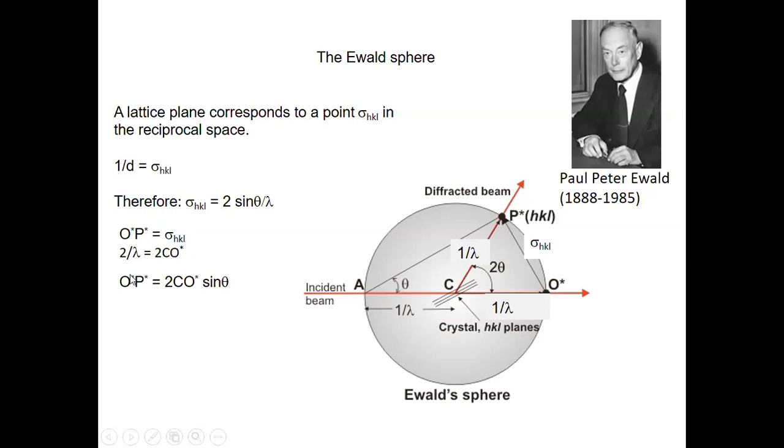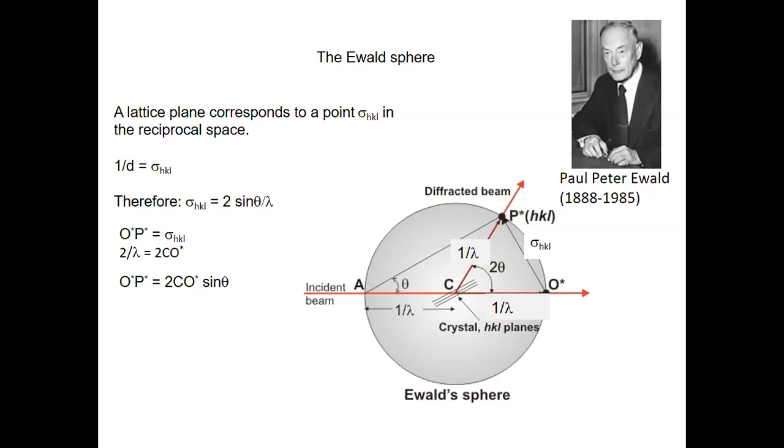So therefore, OP has to be equal to 2 times CO times sine theta. Okay, so in this form, you see the geometrical nature of that kind of reflection condition more clearly.